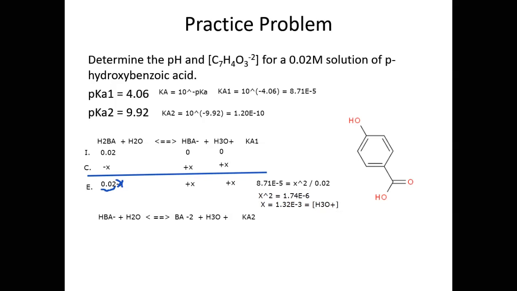So to calculate the pH, let's do it up here. pH equals a negative log of 1.32 e to the negative 3.